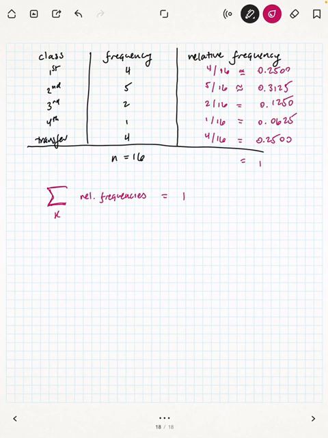So that's how you know you've done it correctly. And this will come back again in a later unit, but you will be able to use this not only with categorical data, but also with quantitative data. So we'll see that in a later video.